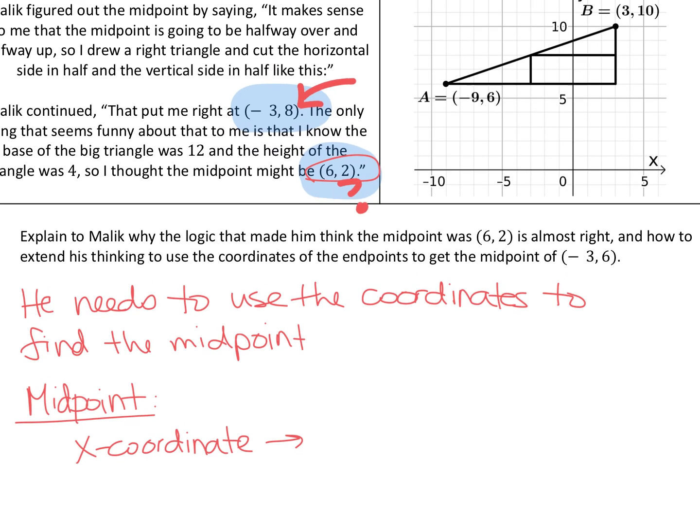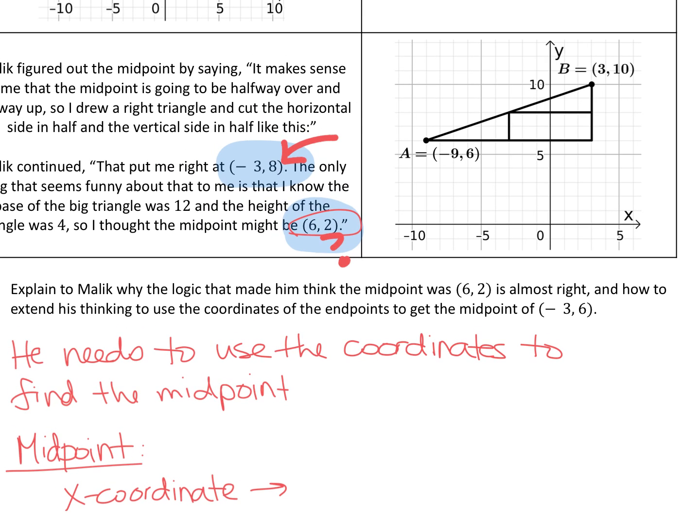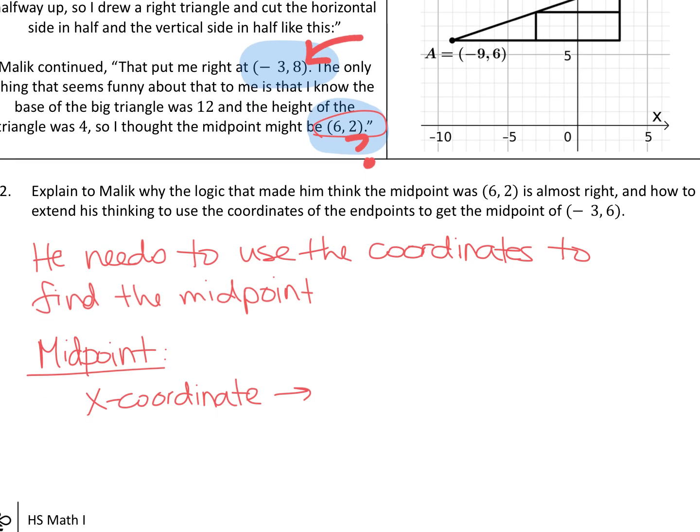So our x values look like they're -9 and 3. We're going to add those together, and then we're going to split that in half, right? Midpoint is all about splitting in half. So that gives us -6 divided by 2, and that gives us an x coordinate of -3.